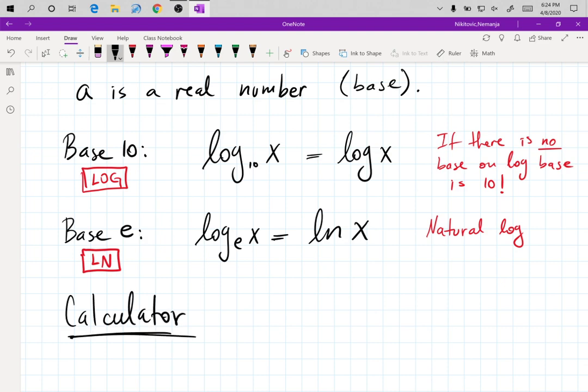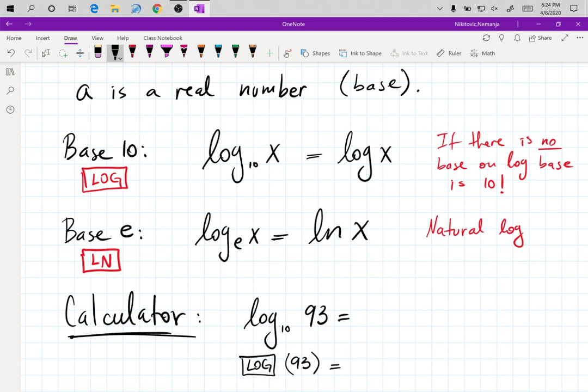Time for the calculator. We want to calculate log base 10 of 93. Well, what you need to punch in the calculator is the LOG button, and then there will be a 93, and then you just close the parenthesis, right?